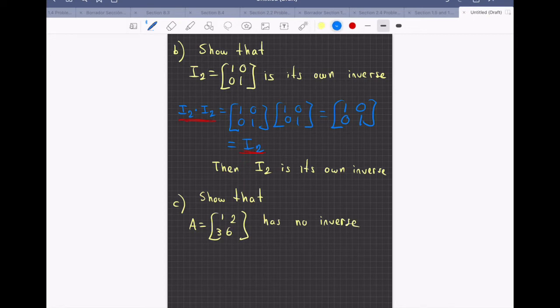So in this case, we will assume the inverse exists. So I want to say that the inverse is A inverse. I'm going to use some letters, a, b, c, d, so this matrix is the inverse for this one.